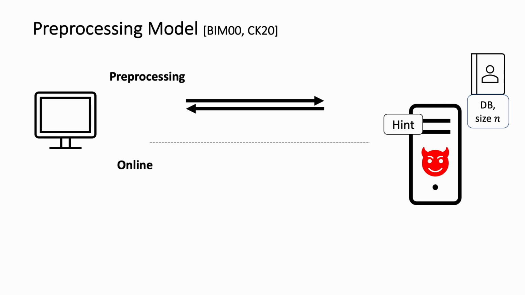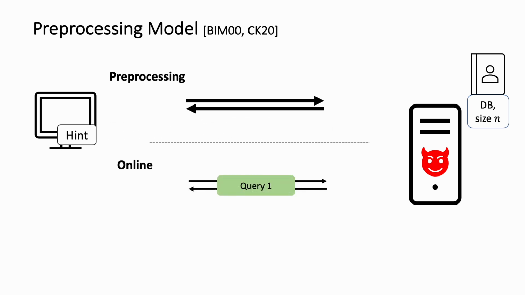In this model, during the preprocessing phase, the client doesn't know what the following queries are going to be, and it interacts with the server. At the end of the preprocessing phase, it computes some hints and stores them in its local storage. Then using those hints, it can make the online queries much more efficiently. And this is the model we are going to consider today.